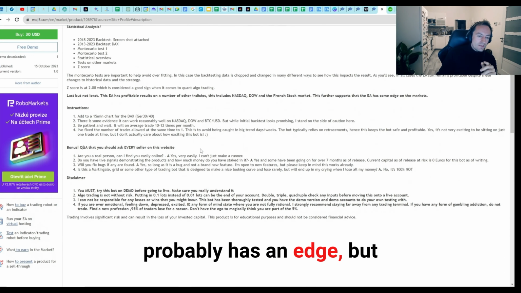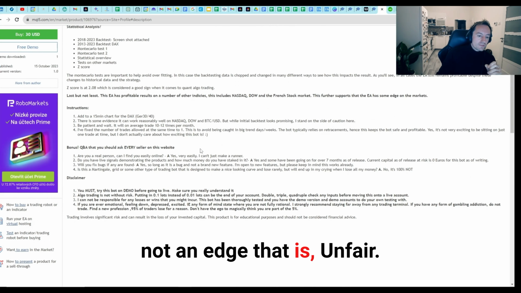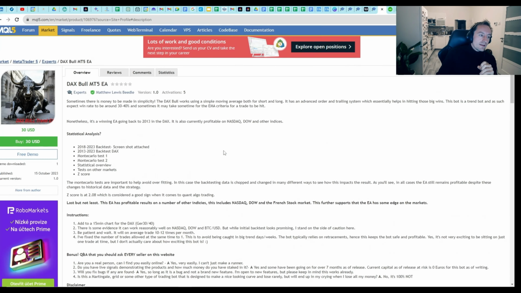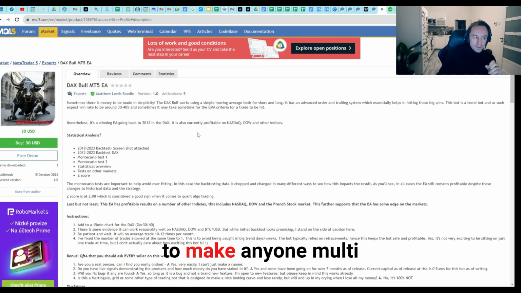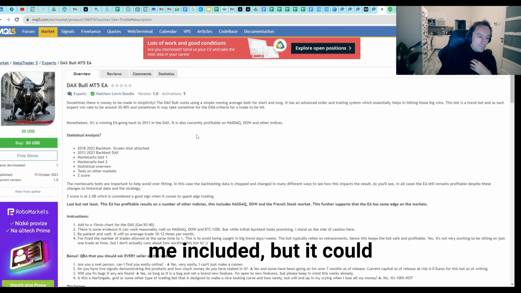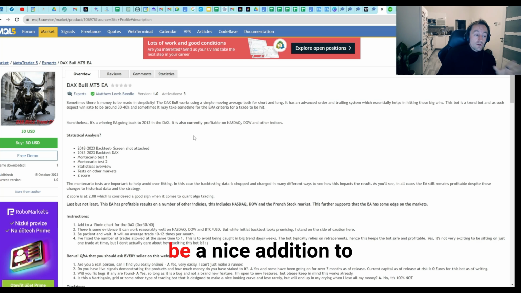It probably has an edge, but not an edge that is unfair. Therefore, this sort of bot I do not think is going to make anyone multimillionaires, realistically, me included. But it could be a nice addition to a portfolio combined with other profitable bots to add more security, add more variance.